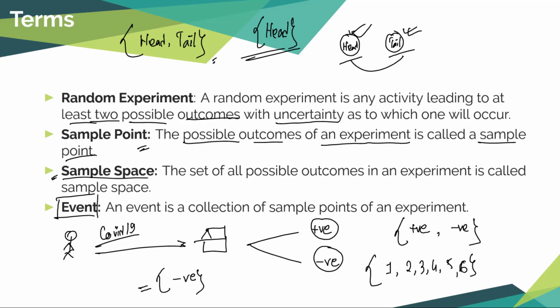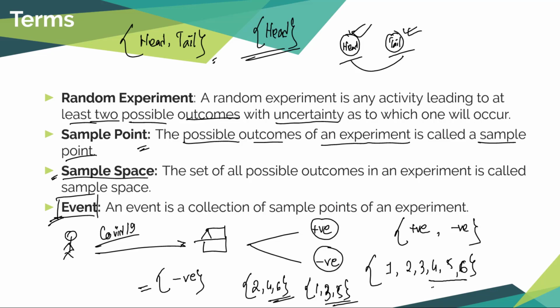Out of the 6 possible outcomes, if I create another set of the even numbers, which are 2, 4 and 6, this set will be called the event of even numbers. Or if you are interested in odd numbers 1, 3 and 5, this collection will be called the event of odd numbers.